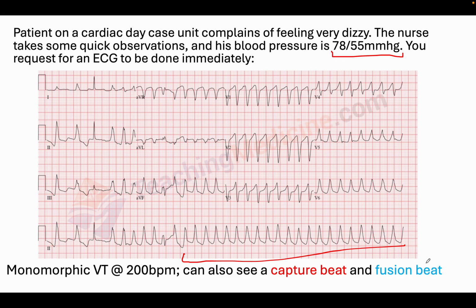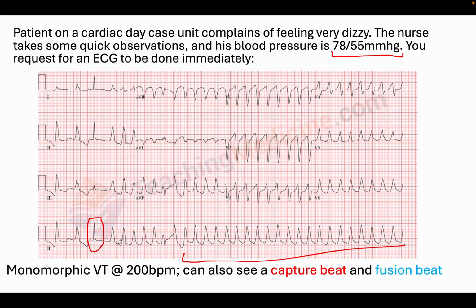So what are these capture beats and fusion beats? Capture beats, which you might have noticed as this normal looking beat here, is a beat that's managed to actually come from the atria and conduct successfully down the His bundle system and cause the ventricle to contract. That's what creates this narrow QRS within, you could say, VT storm. And that's a capture beat.